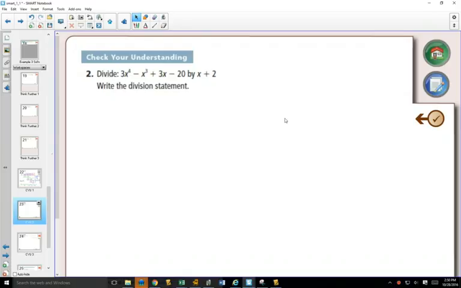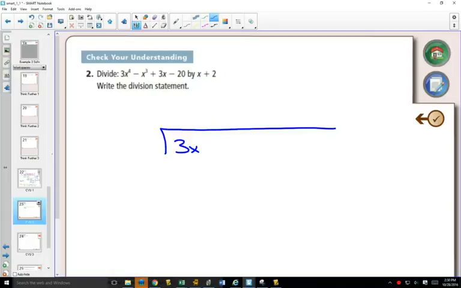You have to start with your highest power and go down to your lowest power. Example number 2 shows us another important thing. Not only do we have to start with our highest power first and go down, example number 2 also shows us what to do when a power is missing. Notice that there's no x squared here. We have to have a space for every power.